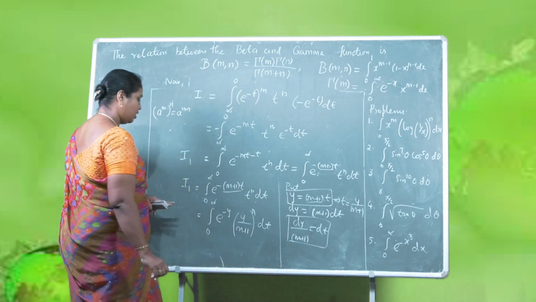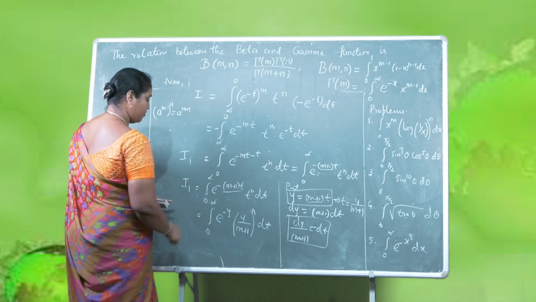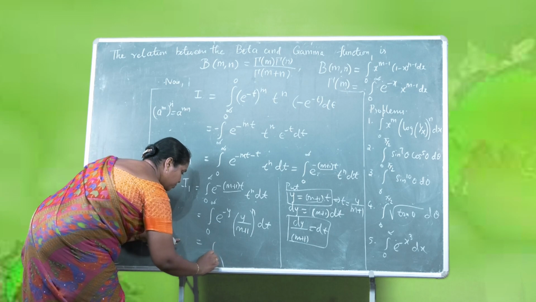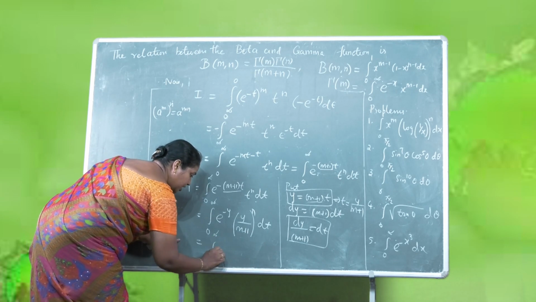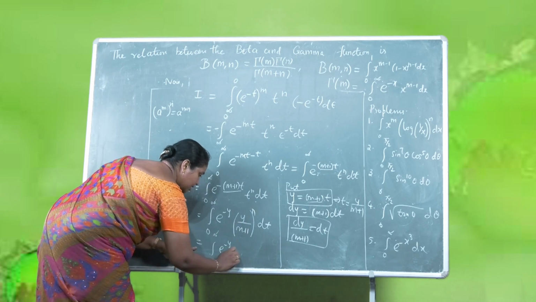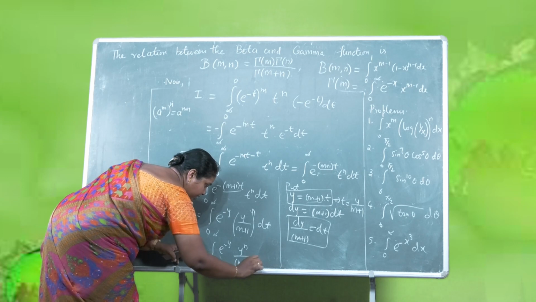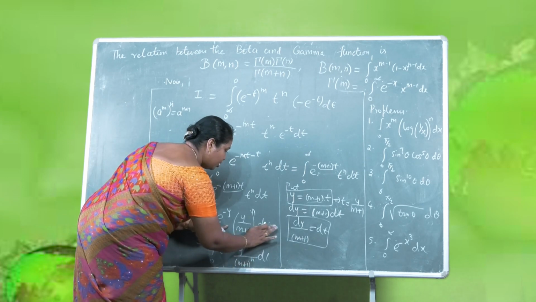Now you can observe that this is a type of gamma function. So now we have to expand this expression. We get the integral from 0 to infinity of e power minus y, y power n divided by m plus 1 the whole power n. Sorry, I forgot one thing, we have to replace this dt.